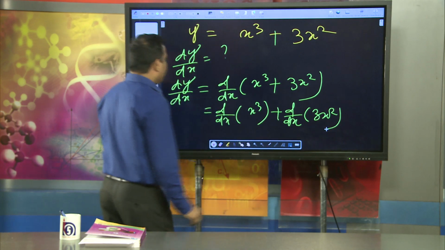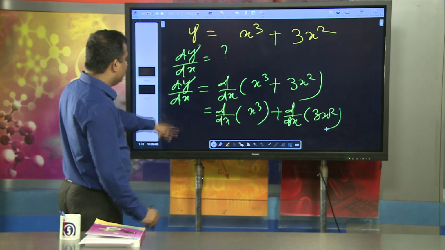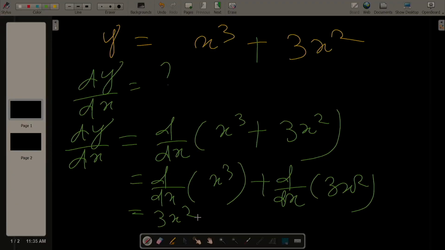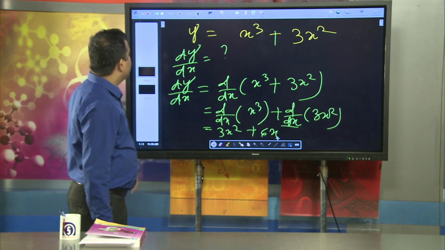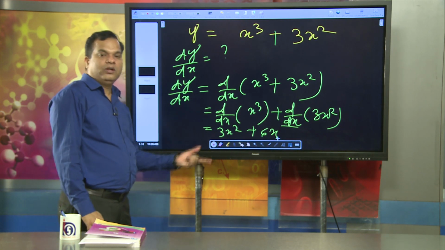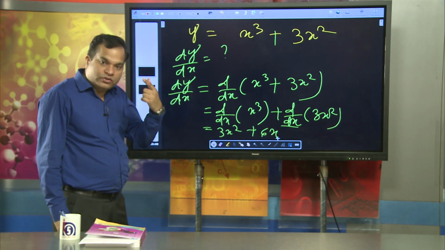When solved, you will find 3x square, because the derivative of x cube is 3x square, minus d of dx of 3x square, which gives 6x. So, the derivative of the sum of two functions is equal to the sum of their derivatives.